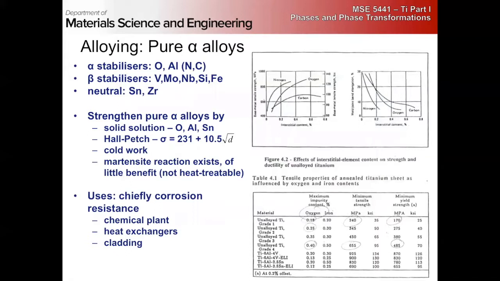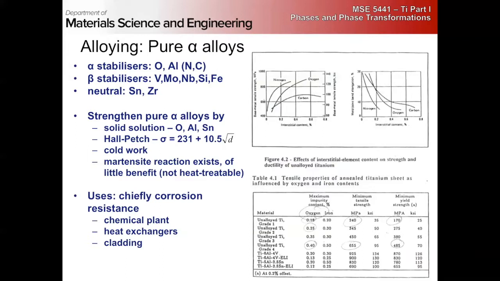Grain size refinement, we have a reasonable Hall-Petch slope, cold work, and sometimes you can get some martensitic reactions, but there's no commercial benefit to it because it's not heat treatable.